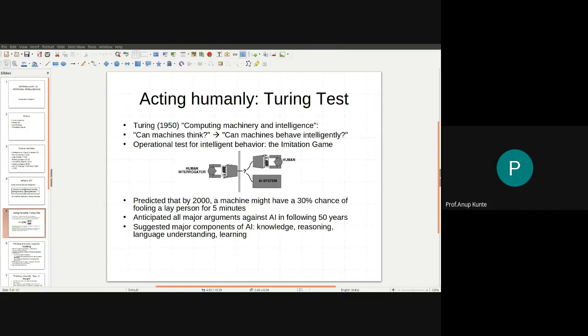I'm going to read you certain activities, and I want you to come up with your answer about whether these kinds of problems are being solved using some sort of AI or not. Okay, so there are certain problems. First problem is playing a decent game of table tennis.